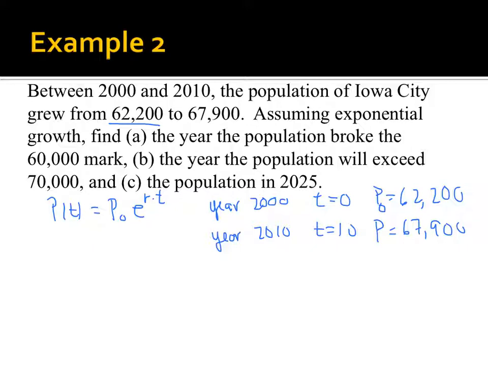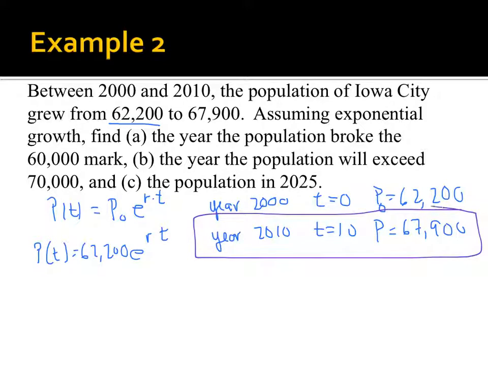Now, in our model, we have that P of t is equal to 62,200 times e to the r t. But in order to use it, since it depends on time, I need to know the rate. That was the purpose of the first example: how do I find the rate? We just need some information, and the useful information is here.